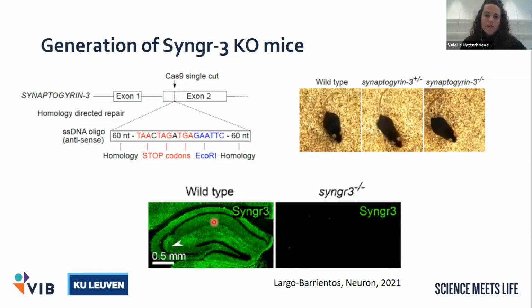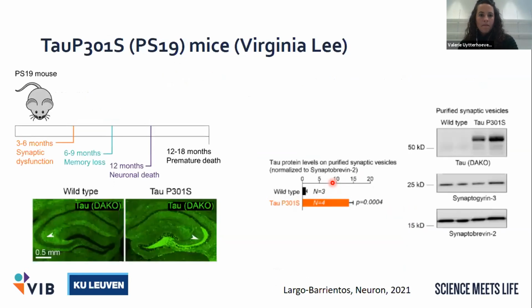Here, from the immunostaining of hippocampi from wild-type and synaptogyrin 3 knockout mice, you can see that the synaptogyrin 3 expression in the homozygous knockout is completely lost. We use the tau P301S mouse model generated in the lab of Virginia Lee.